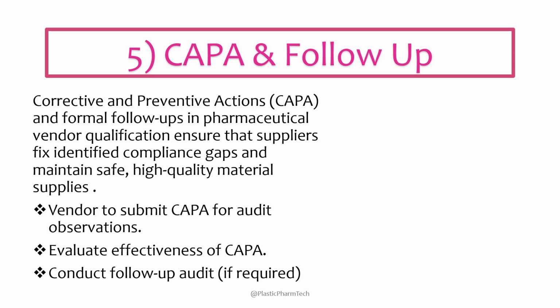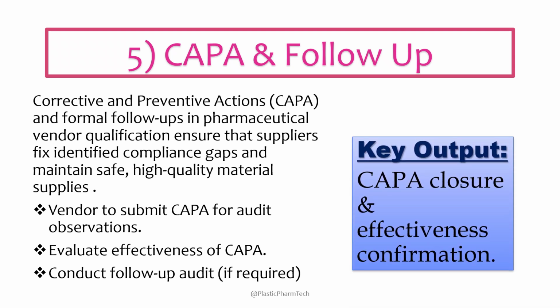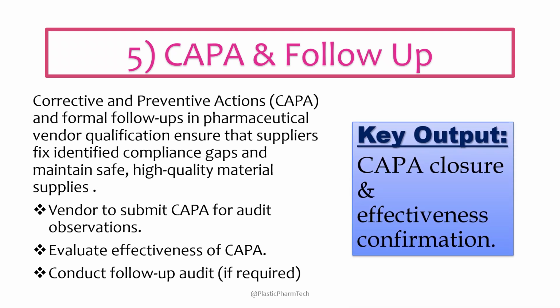Vendor to submit CAPA for audit observations, evaluate effectiveness of CAPA, conduct follow-up audit if required. Then what is the key output for CAPA and follow-up? The CAPA closure and effectiveness confirmation.